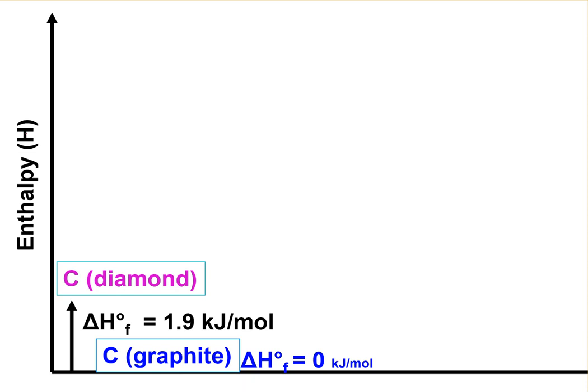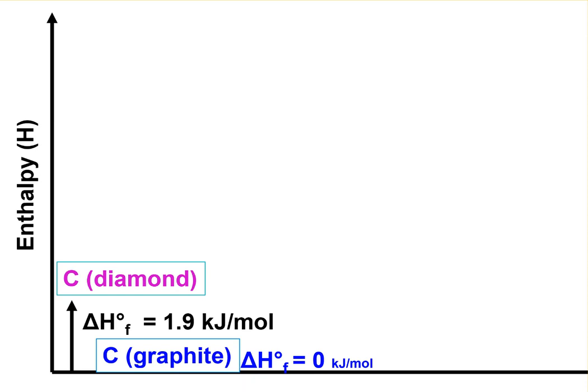On this energy diagram, carbon's down here at 0, and diamond has more energy stored in it, and this change is the change in enthalpy to get to the diamond. So it's an endothermic reaction, and that is defined as the heat of formation for diamond. It's the amount of energy to make diamond from the reference form.